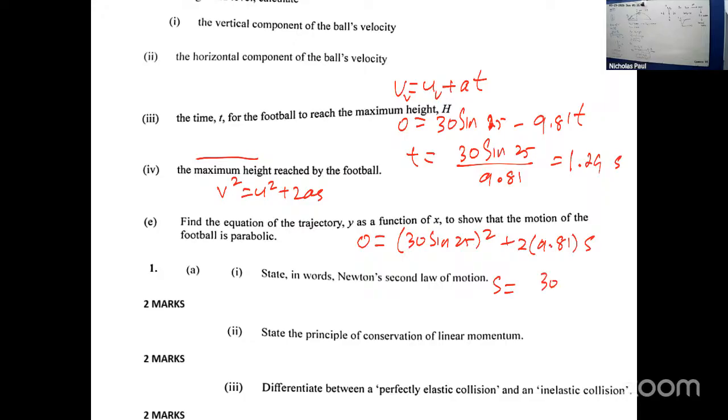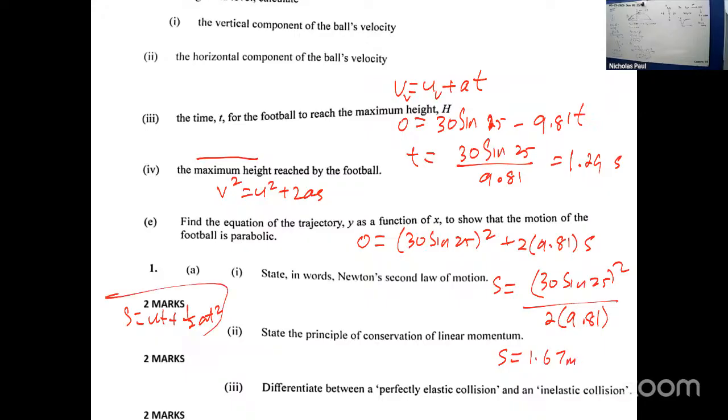So I have 30 sine 25 squared all over 2 by 9.81. If you use the next formula, s is equal to ut plus a half at squared, that could also work, right? 1.67.